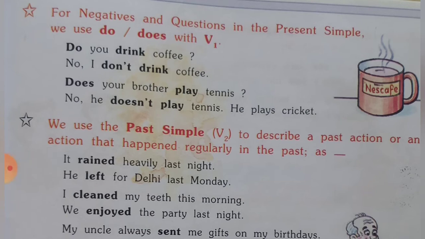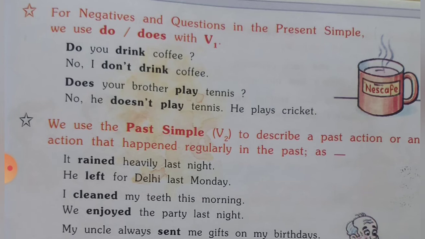For negative sentences and questions in the simple present tense, we use the helping verb do or does with verb 1, like: Do you drink coffee? No, I don't drink coffee.